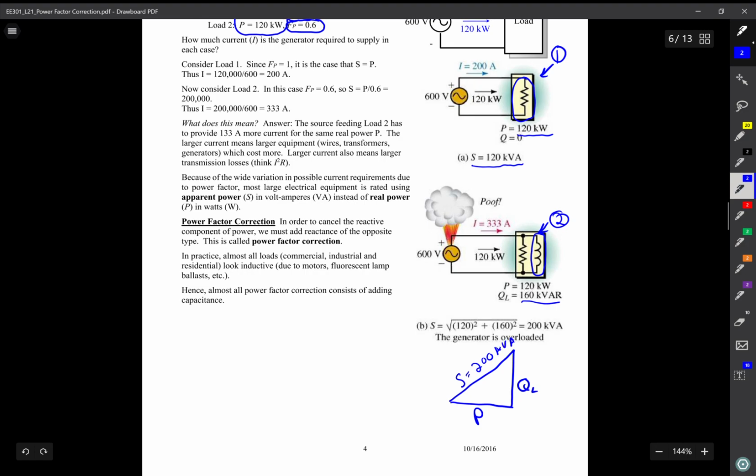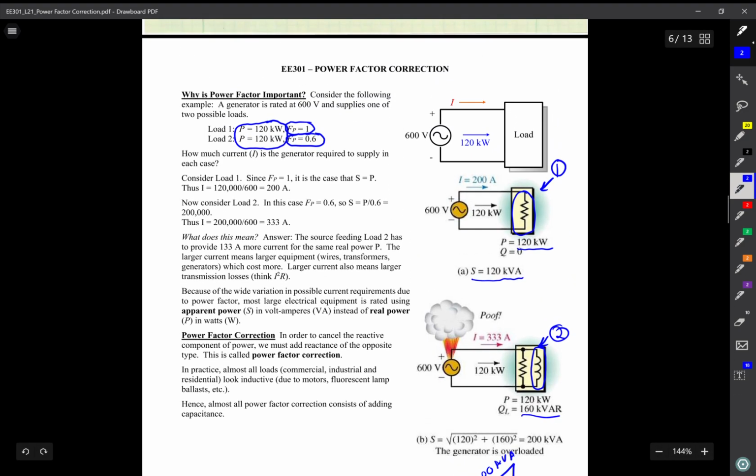Okay. Notice here that my apparent power is greater in part 2 because of my power triangle. Now, if I were to solve the problem, apparent power magnitude is equal to the magnitude of the voltage times the magnitude of the current. And I'm going to use that equation to find my current for load 1 and current for load 2.